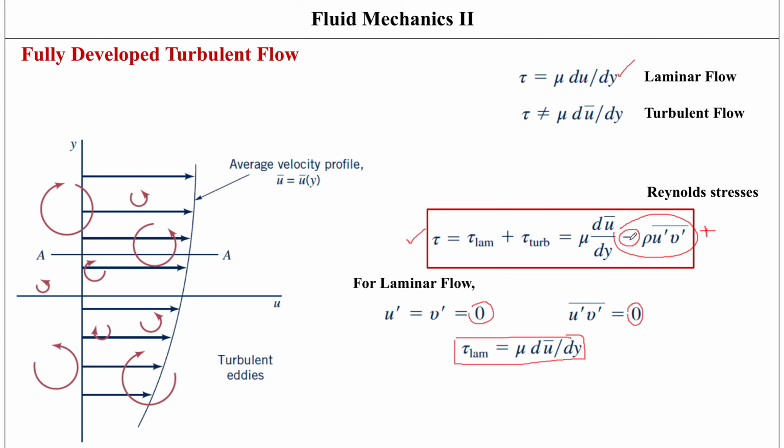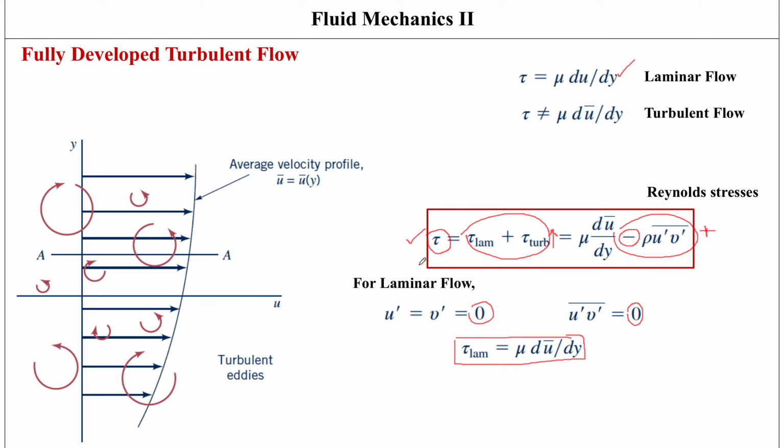So that means this entire term is going to be higher in value as compared to if we were just looking at the laminar flow. Okay, so in the case of a turbulent flow, the shear stress is higher as compared to a laminar flow.